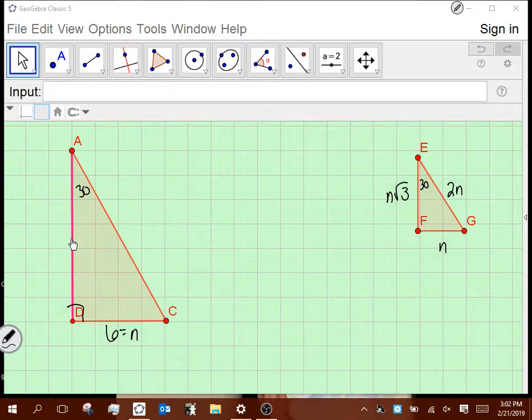So without the special right triangle concept, there's no way of finding those parts of that triangle. Okay? So they call them special right triangles, but it's essentially just the Pythagorean theorem. But it allows us to use the Pythagorean theorem when I only know one value of those specific triangles.